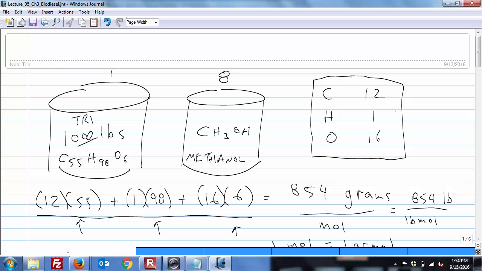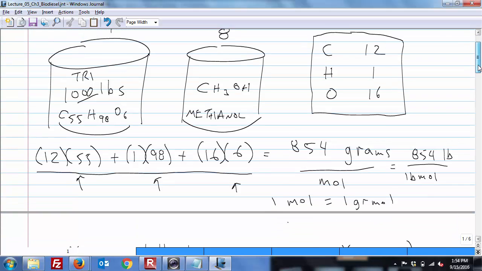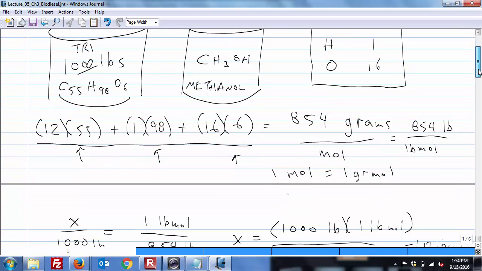So, this problem really epitomizes almost any chemical reaction you will ever encounter. It's just a matter of realizing that each element has an atomic weight. When you combine them together as molecules, obviously that goes up. You need to just count them and multiply to figure out what the molecular weight is.